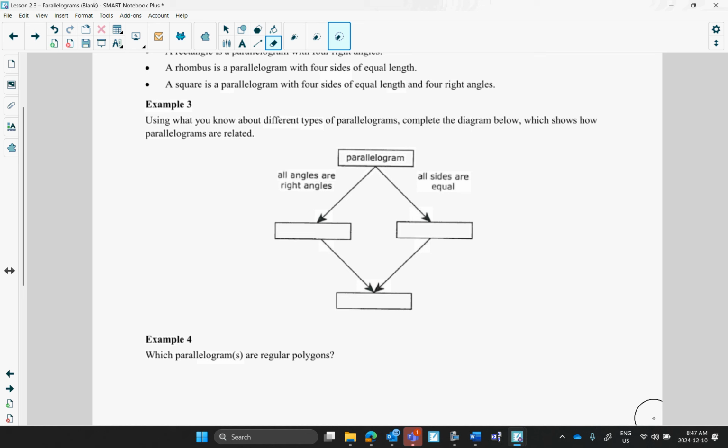So if we have a parallelogram, and usually a parallelogram looks like this. We usually show it slanted. If all the angles become right angles, what shape does it become? A square? A rectangle? Because I don't know if the sides are equal. So if all the angles become right angles, I know it becomes a rectangle.